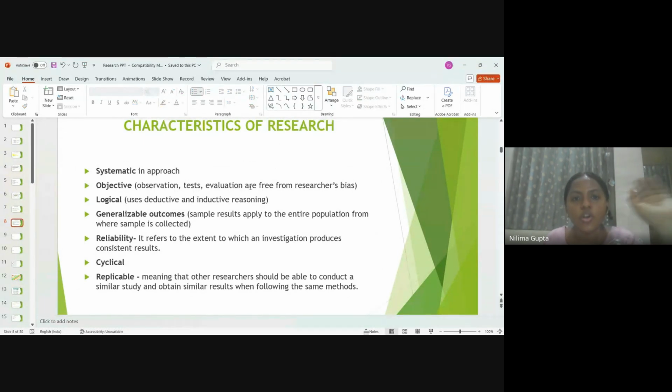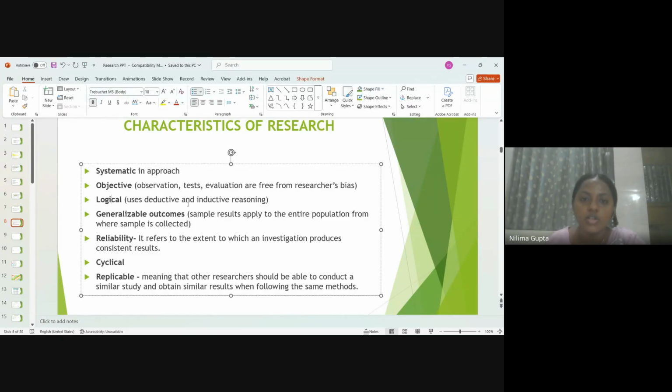We have data and numbers, and it is free from researcher bias. The person who is conducting it should not have any kind of bias. Then it is logical. We use certain methods for conducting a research, and the research is made logical. There are two methods for working on research and making it logical: the inductive and the deductive method. I will be speaking about it in detail in the next slide.